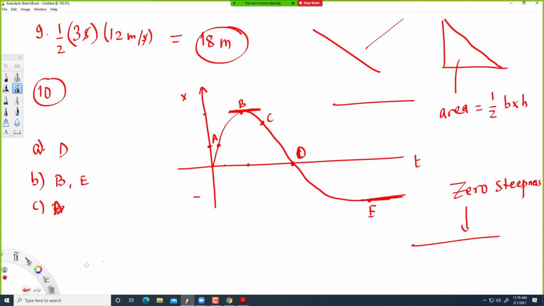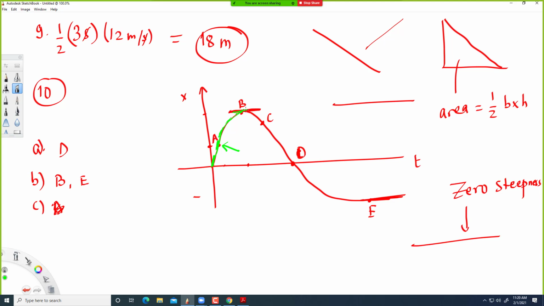Look at the points in this region. Here it's very, very steep. The steepness is gradually decreasing, and then it's flat. So when you go from this point up to this point, the steepness is decreasing. It's getting less and less steep. That means the steepness is decreasing at point A as you move up.